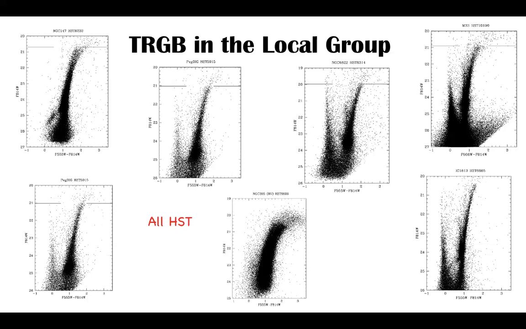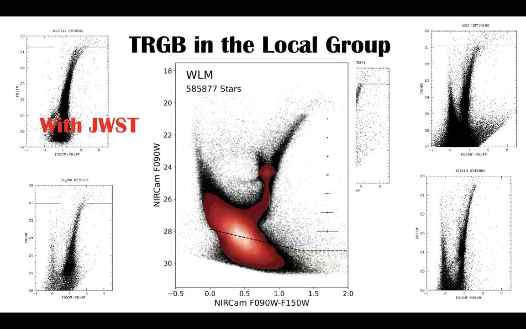color magnitude diagrams. And here is an example of observations with James Webb Space Telescope of the WLM galaxy. And again, you can see the red giant branch going up to the tip. You can see the horizontal branch, red clump, and main sequence, and all these other features of color magnitude diagram that we're familiar with.